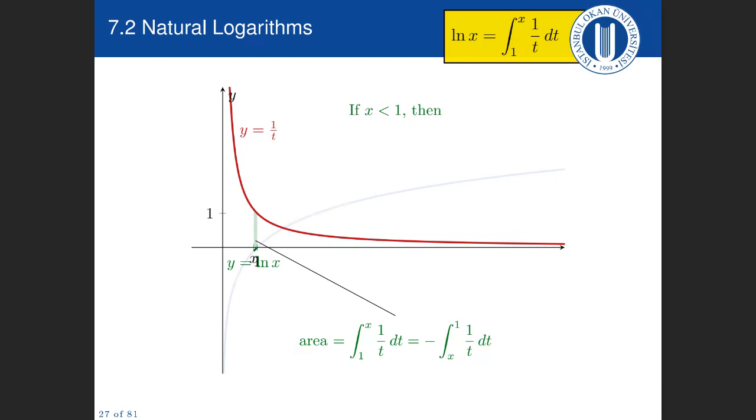So here I'm going to be drawing the integral from x to 1, and then ln is going to be minus this. As x gets closer to 0, we can see this area is getting bigger, so minus this area is getting more and more negative.